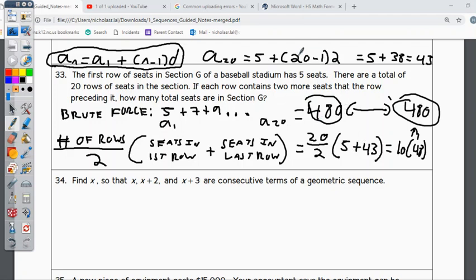So that's 20 minus 1 is 19. 19 times 2 is 38. 38 plus 5 is 43. And remember, this is the seats in the last row that we're calculating. And we also know it's 43 because when we calculated this with brute force, just starting with 5 and adding 2, we got to 43 when we hit the 20th term. But you obviously don't have to do that, all right?